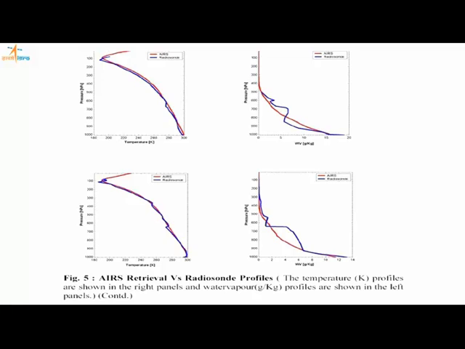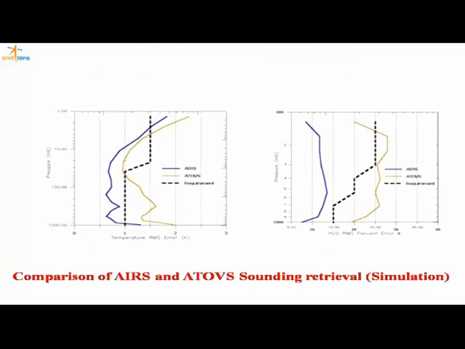So we cannot get the small fluctuations throughout the atmosphere, and the information we get is basically averaged over a thick atmospheric layer, typically about 1 kilometer. If you average the radiosonde observation over 1 or 2 kilometers, you will see that AIRS closely matches the radiosonde. So this shows the status of hyperspectral sounding right now.